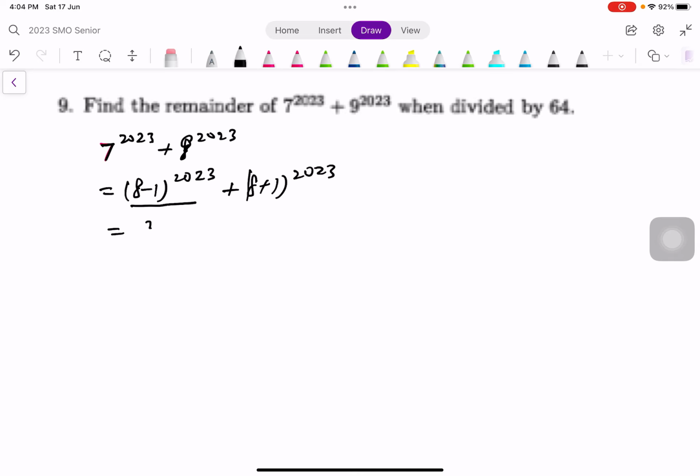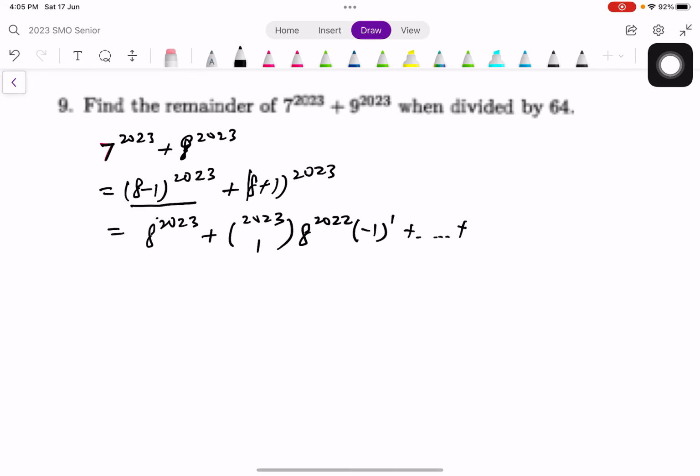This would be, you use a binomial theorem, 8 to the power of 2023 plus 2023 C1, and then this is actually 8 to the power of 2022, and then this is minus 1 to the power of 1. Then you go all the way.